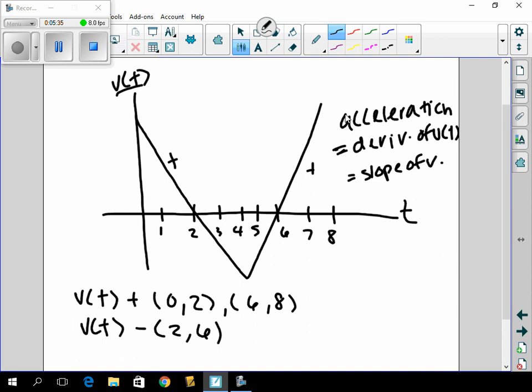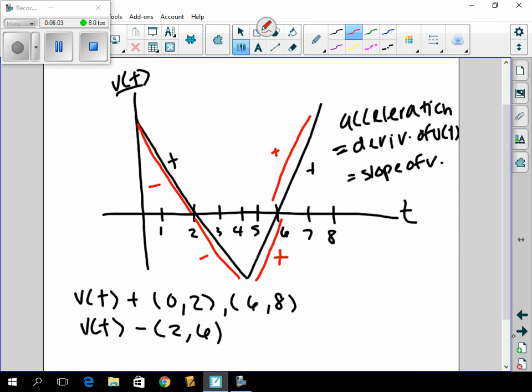Here I'm going to put acceleration in red. I can see my function is going down. So the slope of that line is negative, so even though my velocity is positive, my acceleration is negative. And again, I continue to go down, so I have a negative acceleration. Now, all of a sudden at 4, I turn around and I have a positive acceleration. And then again, I have a positive acceleration.